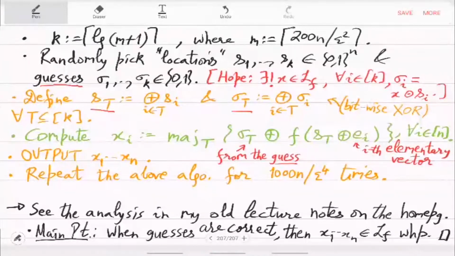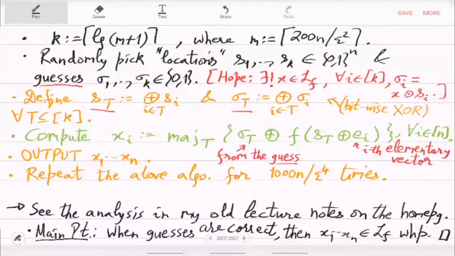Obviously, when the guess is incorrect, you may get the wrong answer, but when the guess is correct, you actually identify a unique x in the list.